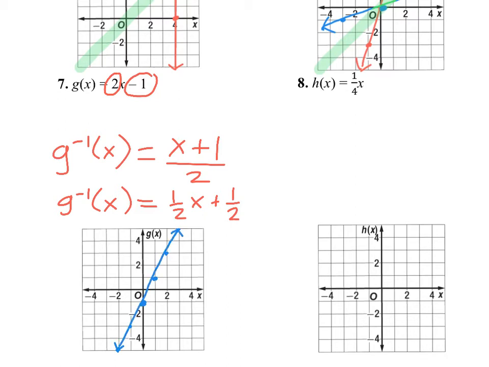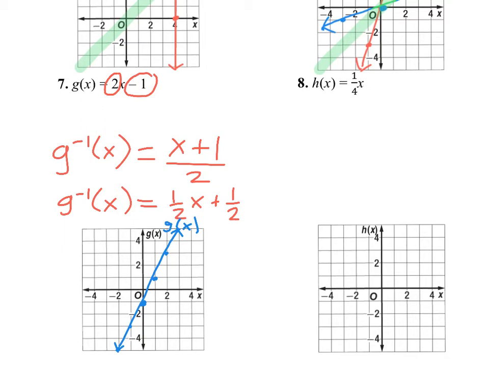Alright, so that's our original, which is g of x. And now the inverse has a y-intercept of 1/2 and it goes up 1, right 2.